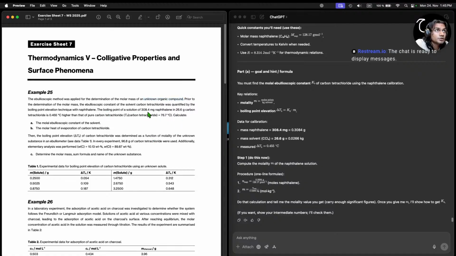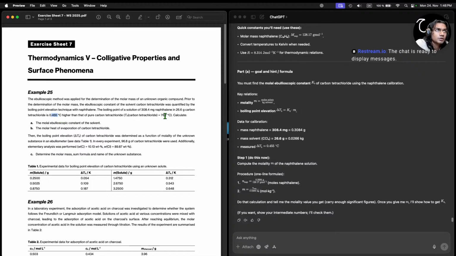The boiling point of a solution of 304 milligrams naphthalene in 26.6 grams of carbon tetrachloride is 0.455 degrees higher than that of pure carbon tetrachloride.